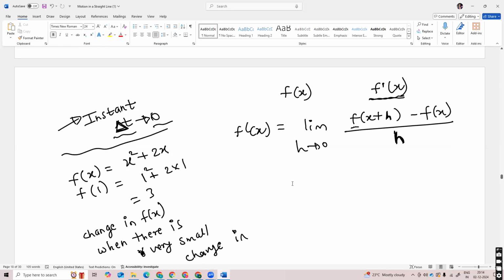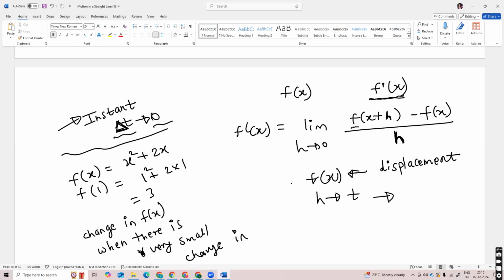Okay, so now let's consider this f of x is a displacement, and h is a time, so we will write it now as t.